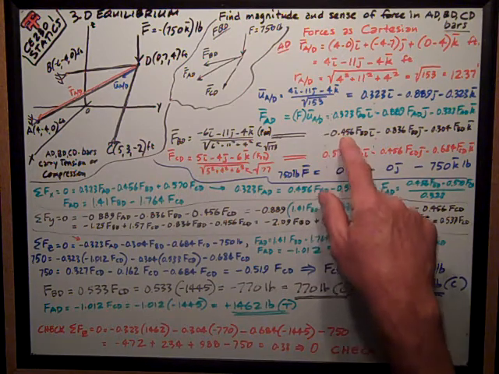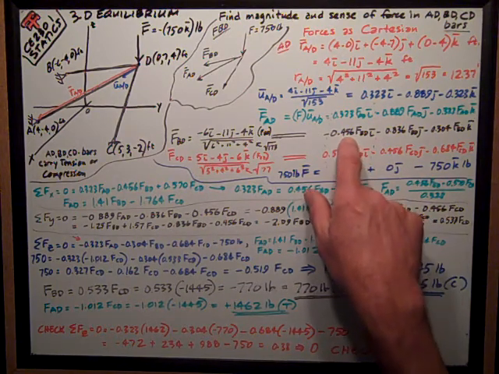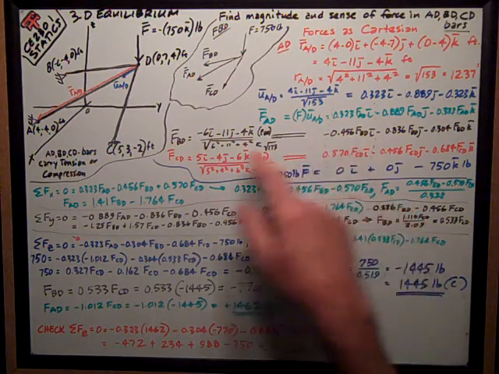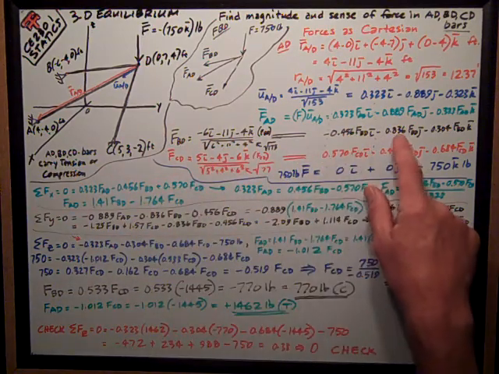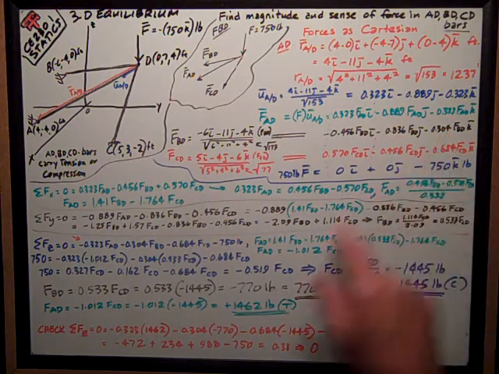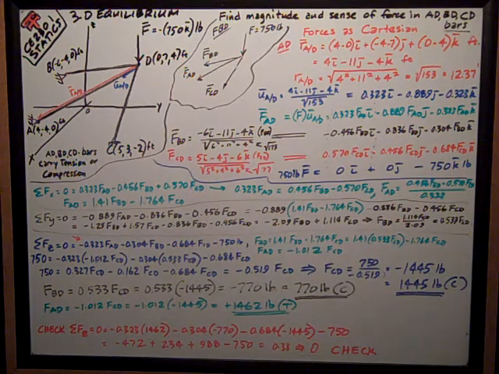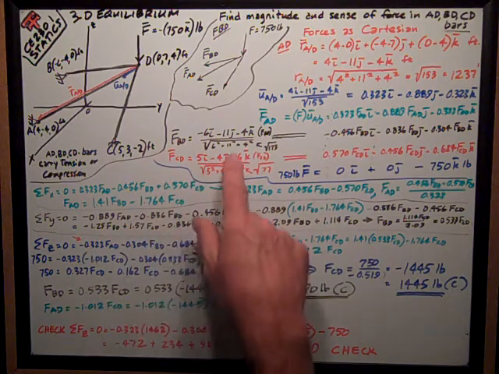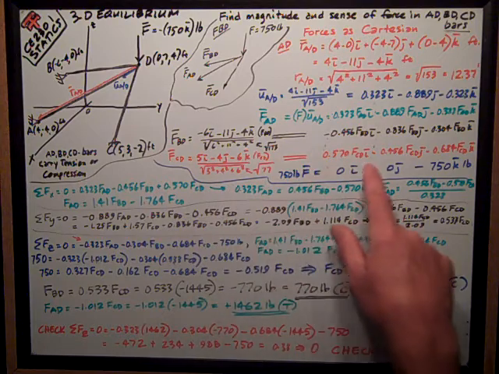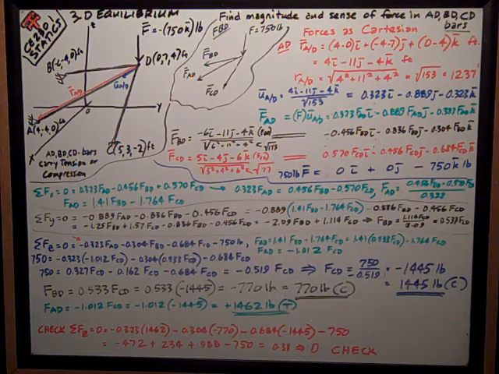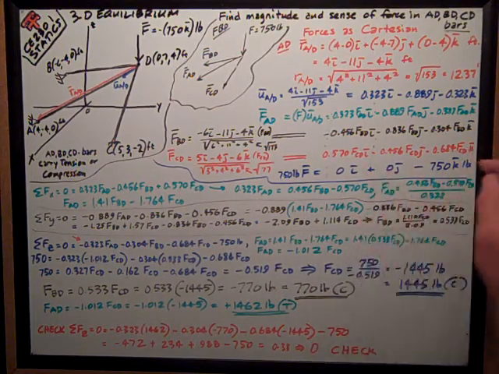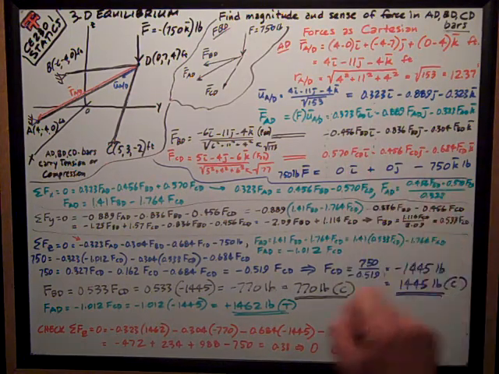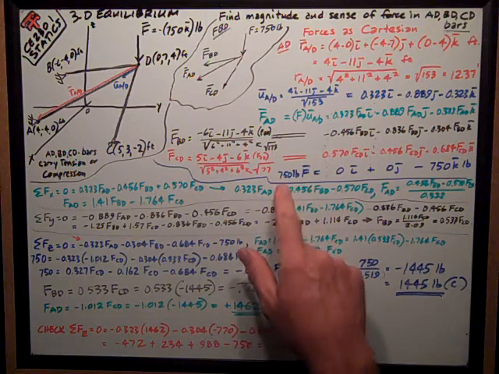I can take the inverse cosine of that number and get the direction angle alpha, the angle of the vector to the x-axis, and so forth for beta and gamma. Just a little review. Do the same thing for the vector FCD: position vector divided by its length, Cartesian components, which are the direction cosines, which are really also the components of the unit vector in that direction. There's different ways of expressing things.